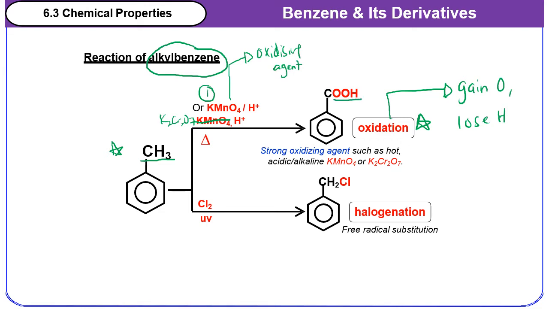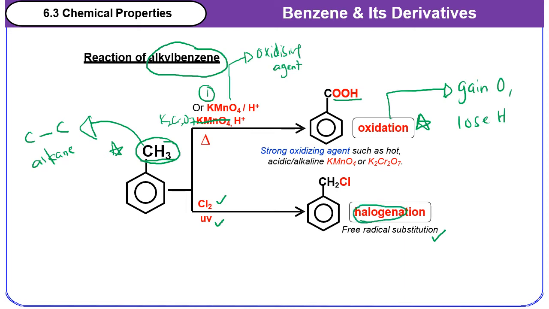Another reaction is related to the alkane. This CH3 has properties similar to a carbon-carbon single bond, which is alkane. Therefore, with chlorine in the presence of UV, free radical substitution will happen. This process is known as halogenation.